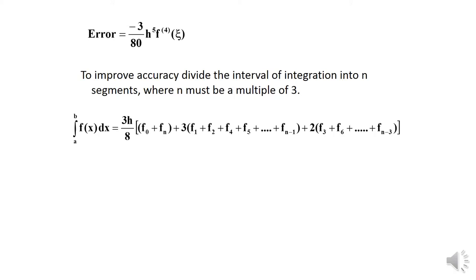Integral a to b f(x) dx is equal to 3h/8 [f0 plus fn plus 3 times (f1 plus f2 plus f4 plus f5 plus ... plus fn minus 1) plus twice (f3 plus f6 plus ... plus fn minus 3)]. And here the error is minus (b minus a)/80 h to the power 4 f to the power 4 of zeta.